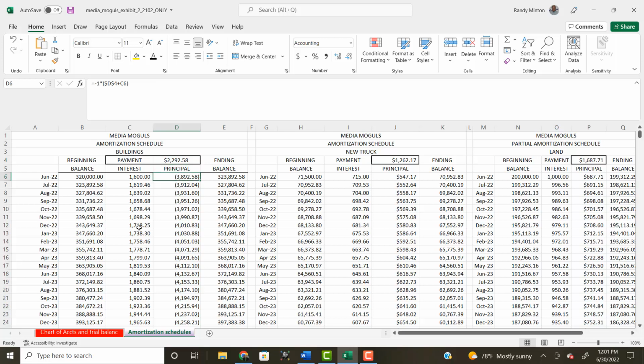So the principal is going to be equal to this number. And this number is going to be a constant. And for me to make it a constant, notice up here I have $D$4. I can put it in that way, or I could simply hit F4, which does it for me, minus the interest.